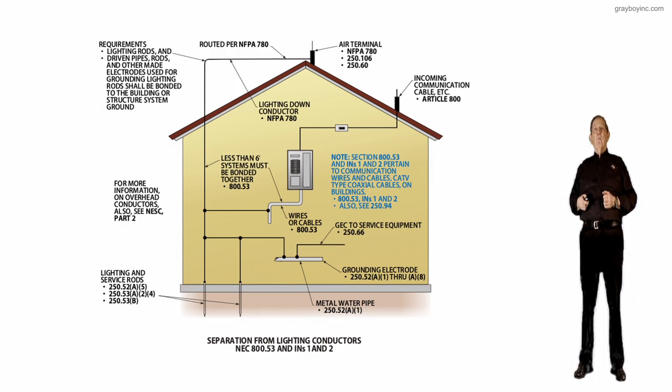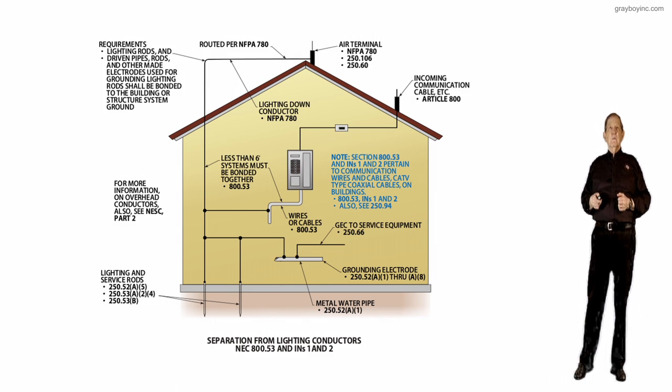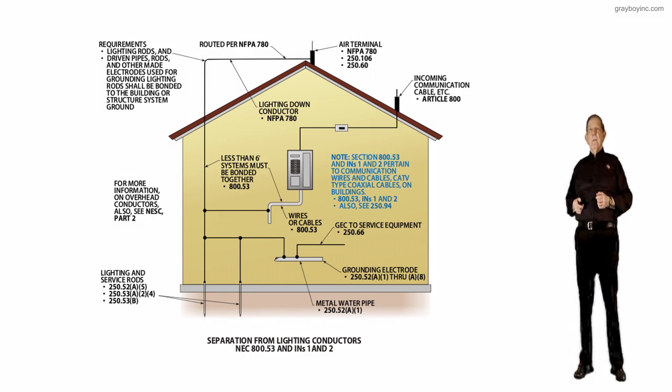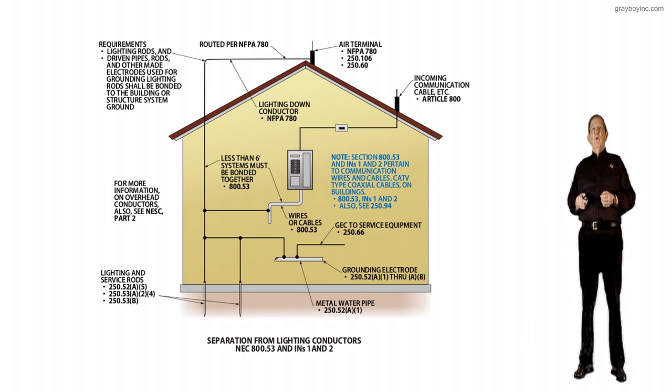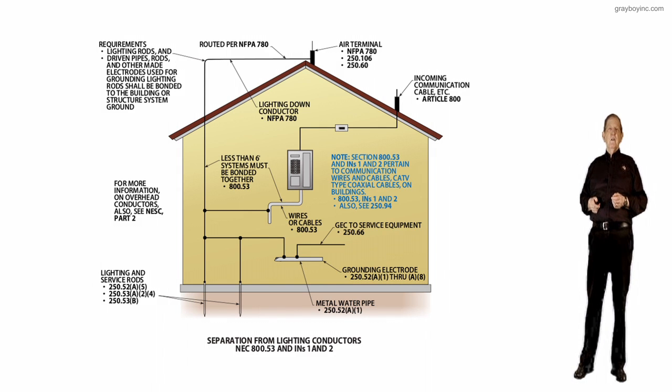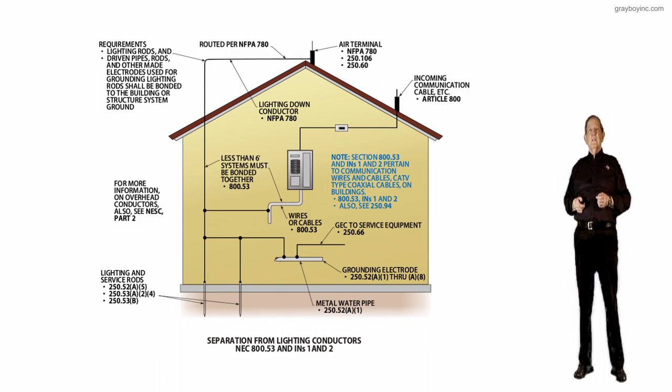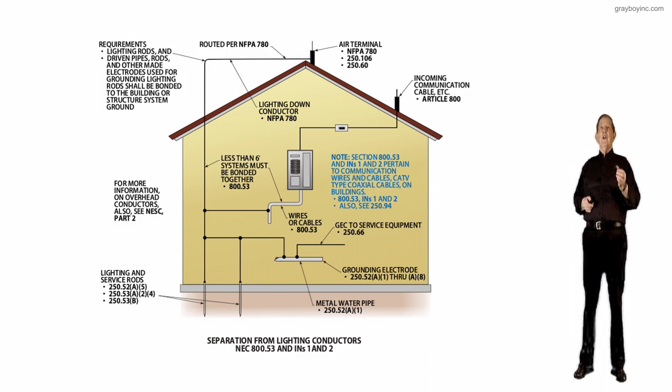And then if you want more information on air terminal strike rods and down conductors, the routing of them and so forth, the call out right in the middle of the facility says that for more information for overhead conductors, see National Electrical Safety Code Part 2.